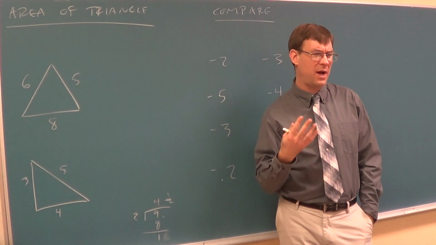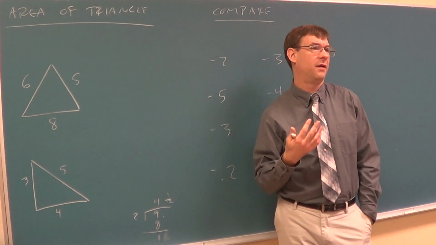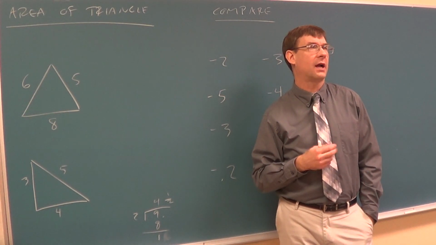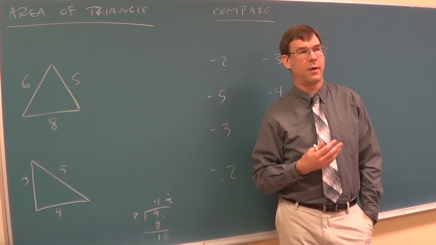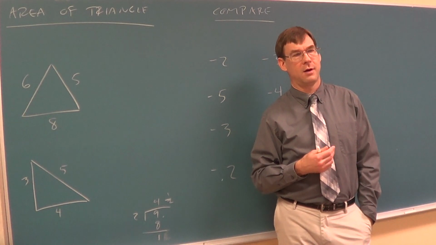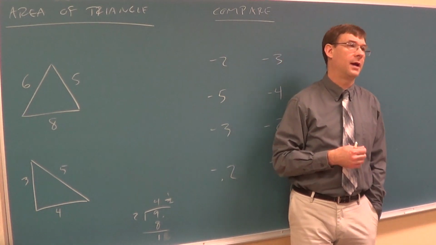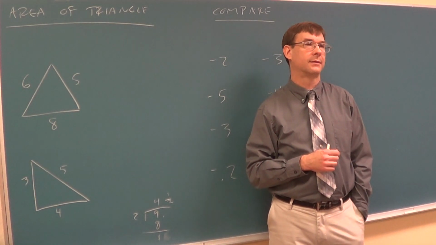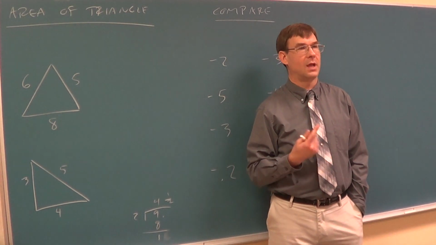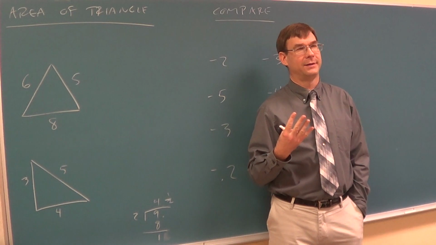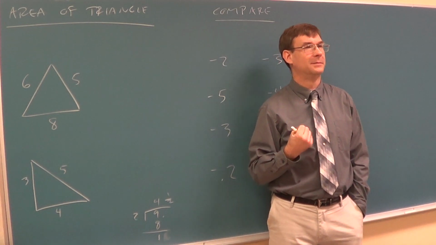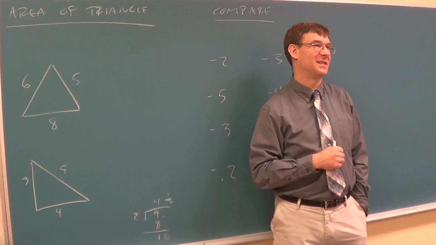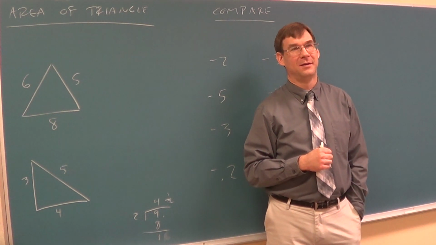Add, subtract, multiply, divide. What have we usually done to figure out areas? We've done areas of rectangles, we've done areas of parallelograms, we did areas of squares. Any memories of what you usually do when you're doing areas? Multiply.